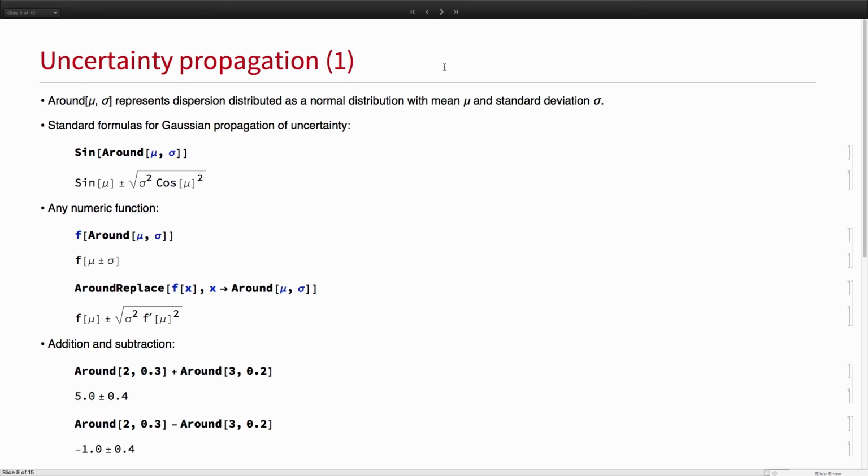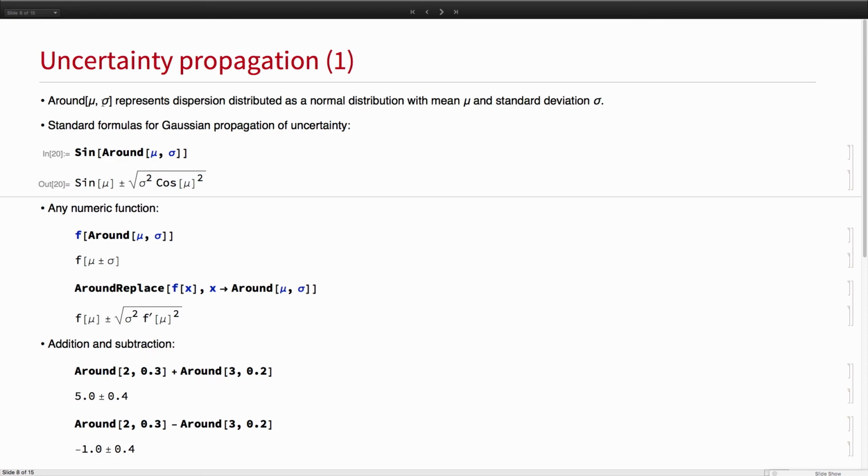OK, so let's go to the main part of this, propagation of uncertainty. If we have something that we recognize immediately as a numeric function, then we will do the computation using the standard Gaussian propagation formulas. Remember, these formulas are based on the interpretation of this object as a statistical distribution, just Gaussian, with mean mu and standard deviation sigma.